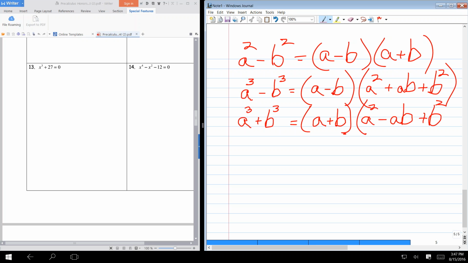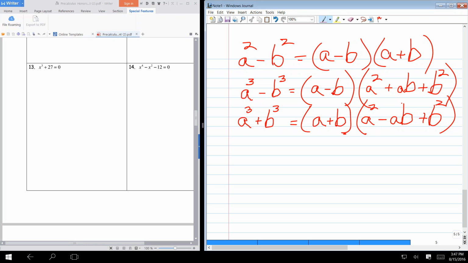Now, if you can notice the pattern there, it makes it a lot easier to memorize these. But the biggest pattern is this very first term is linear and has the same sign as what you started with. And the second term always has the other sign as the middle term.